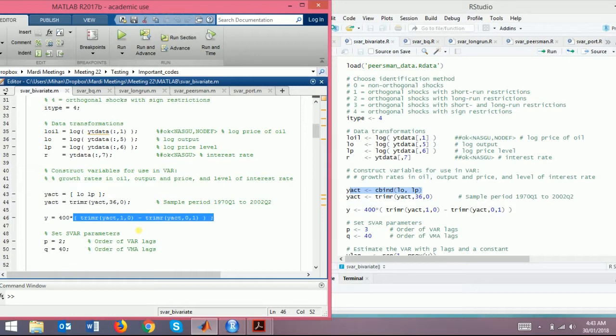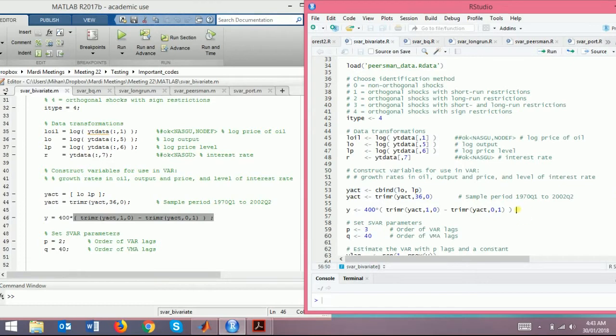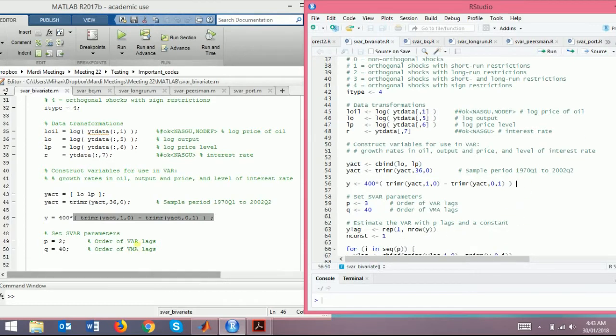Doing that, we are taking the percentage change, the growth rates in output and price, and the level of interest rates. So we are taking the growth rates, the change in percentage, or delta. In terms of equities, it becomes returns.